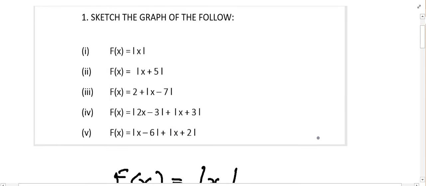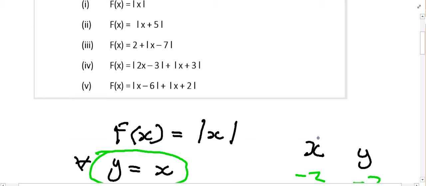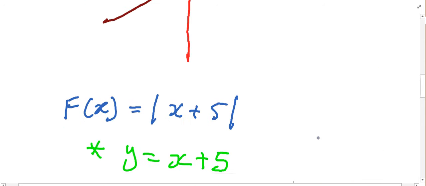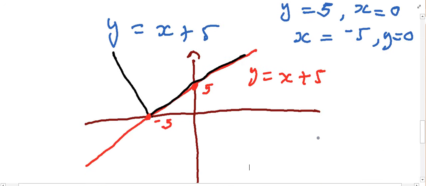Okay, so the first one is f of x is equal to 2 plus the absolute value of x minus 7. A little bit tricky, but it's just the same thing, guys. You need to make sure that you really know how to do it.